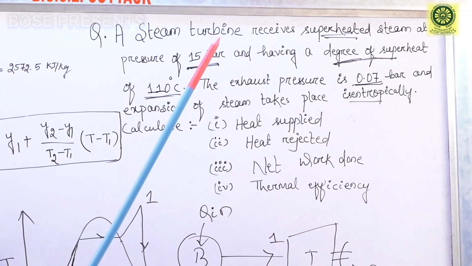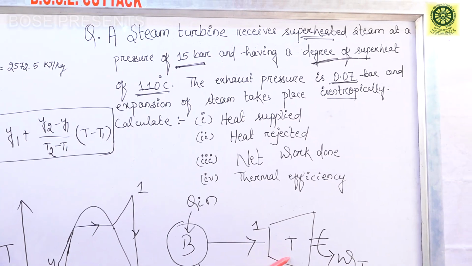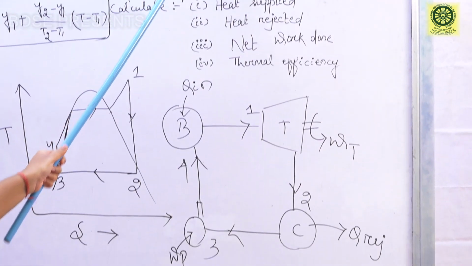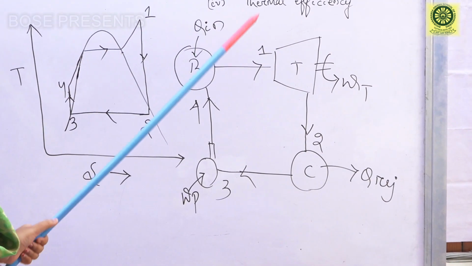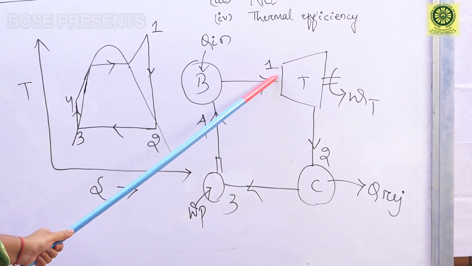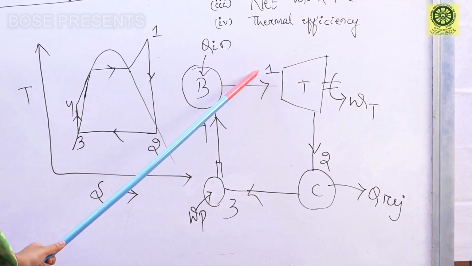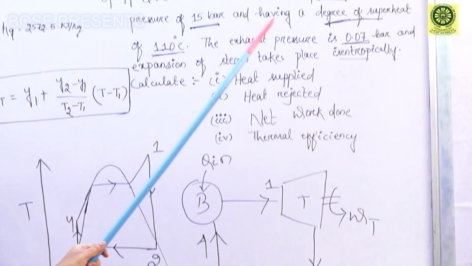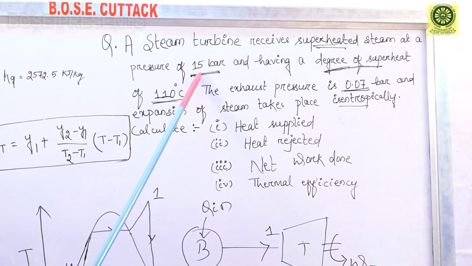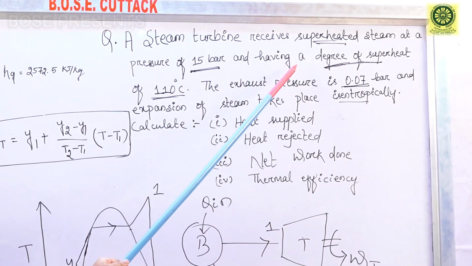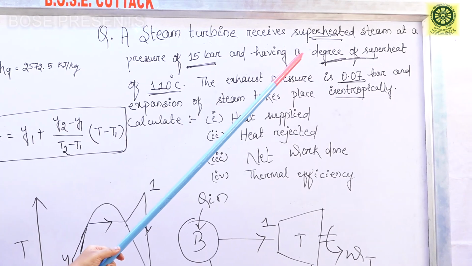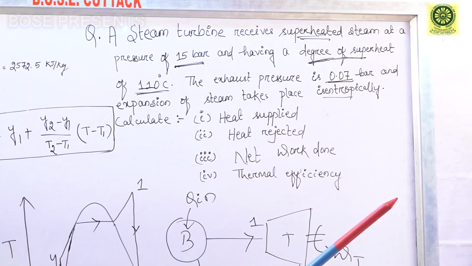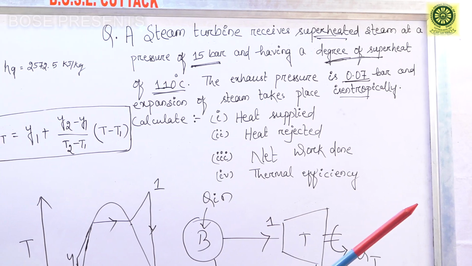So see, this is your steam turbine. It is saying the steam turbine receives superheated steam. That means at point 1, in which condition is the steam? It is in superheated condition, and the pressure is how much? 15 bar. And how much temperature does it have? It is not directly given that it is superheated to this much temperature.